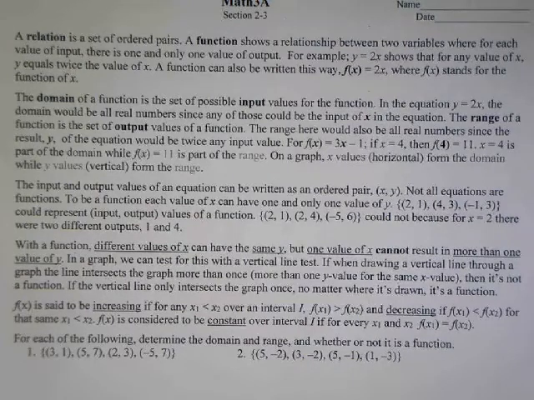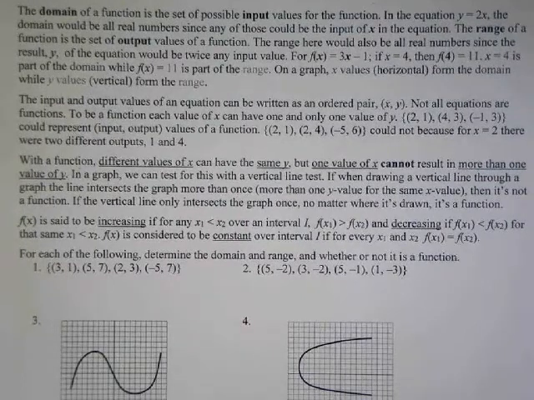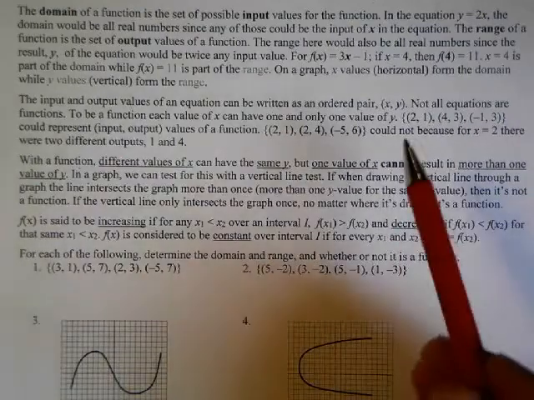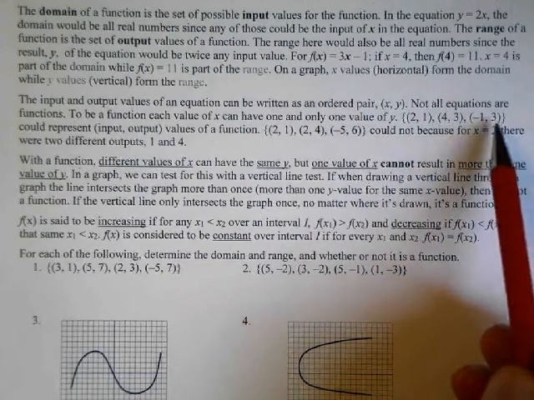On a graph, the x values are always the horizontal values, and the range values are always the vertical values, or the y values. Now, if you have things written as ordered pairs, x y pairs, so for instance here, (2, 1), (4, 3), (negative 1, 3).